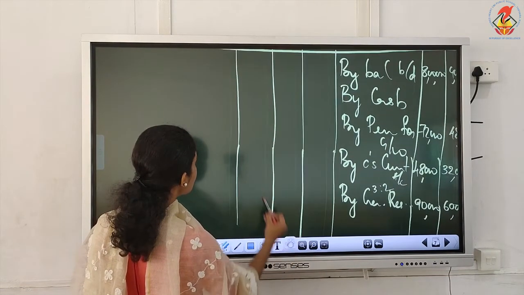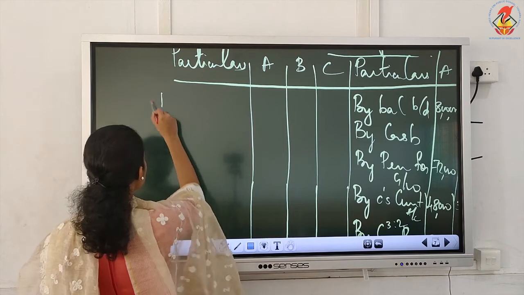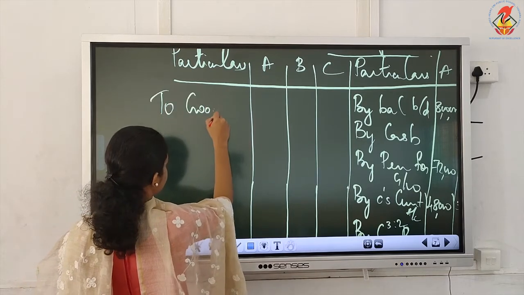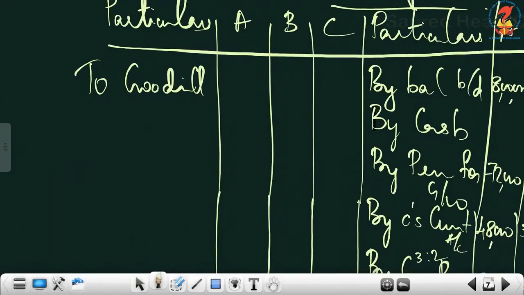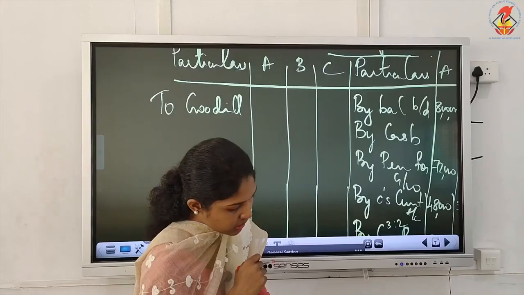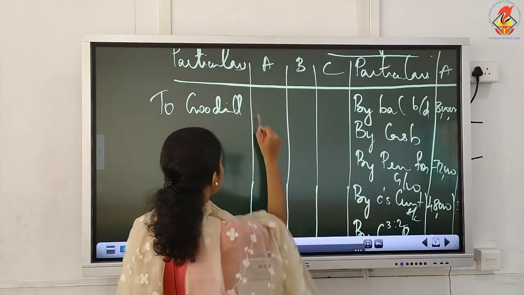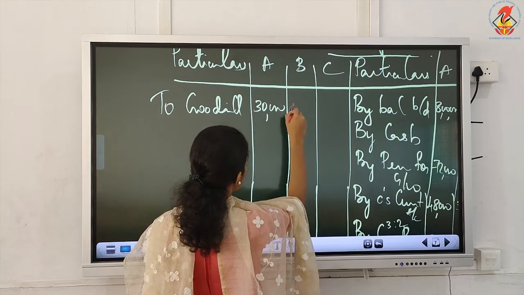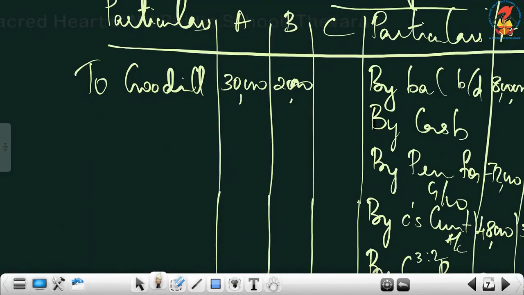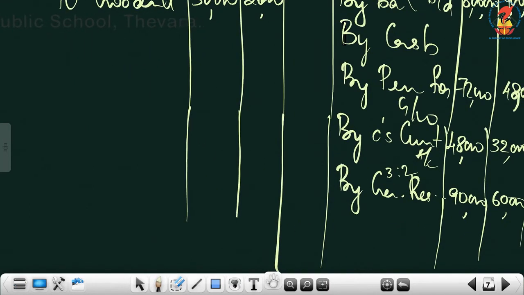It will come on the debit side, so to goodwill, and divide it in the old ratio. It is again 3:2. The amount of goodwill is 50,000, so it will be 30,000 and 20,000. For general reserve, did we write 90 and 60? Okay.